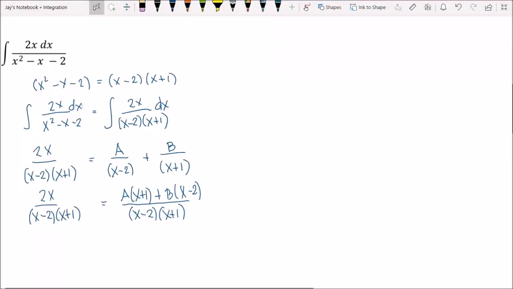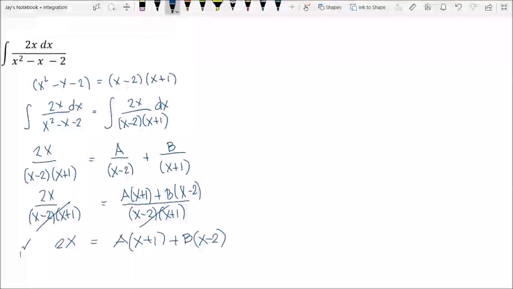So we know that if we cross multiply these two fractions, we can cancel out the denominator, correct? We can cancel this out. So the remaining would be 2x is equal to a times x plus 1 plus b times x minus 2. Okay, so we have now this equation.